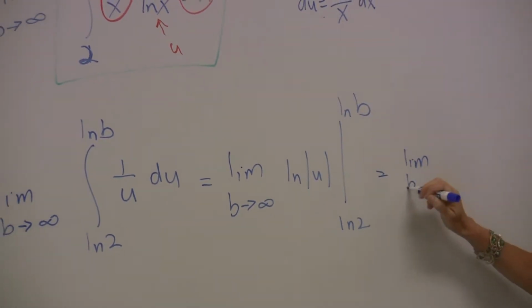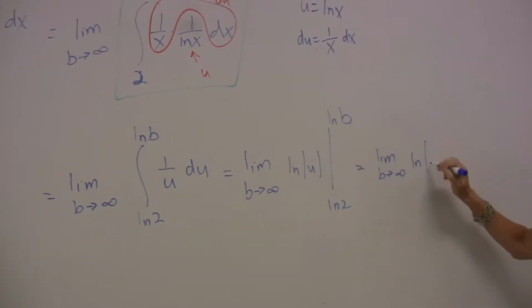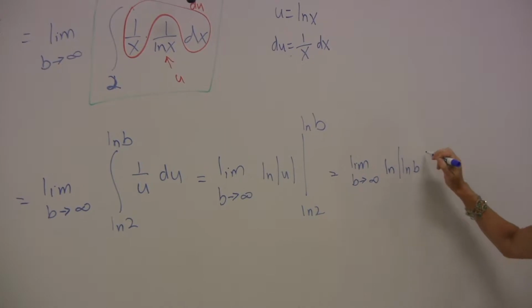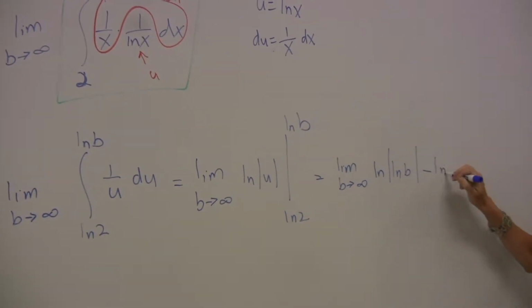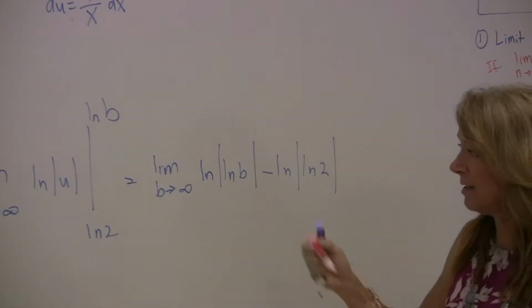That's the limit as b goes to infinity of the, get this, the ln of the ln of b minus the ln of the ln of 2. That's fun.